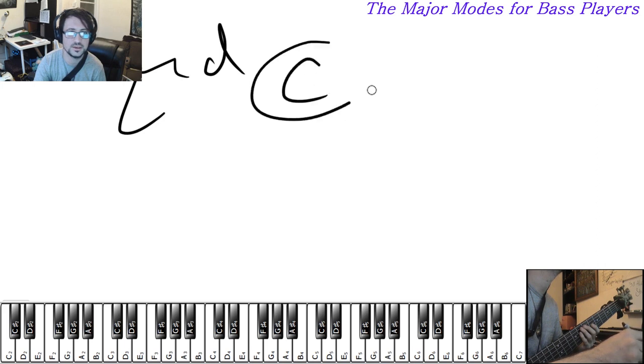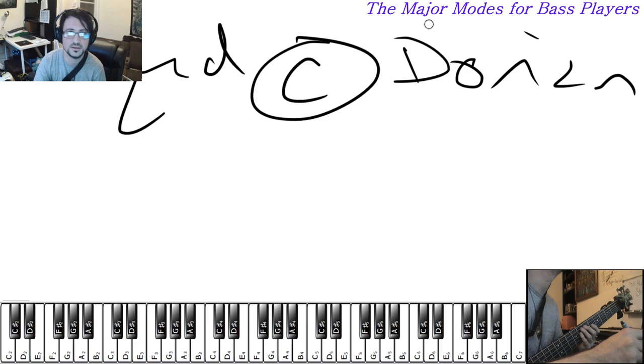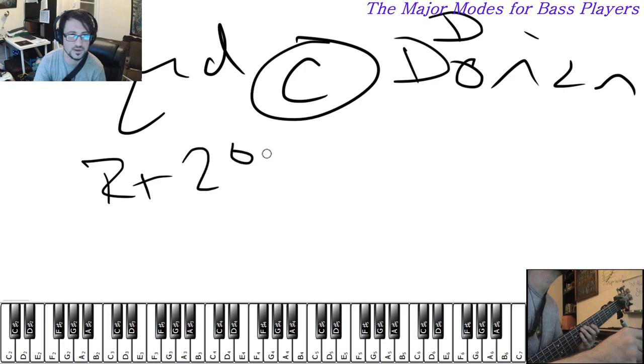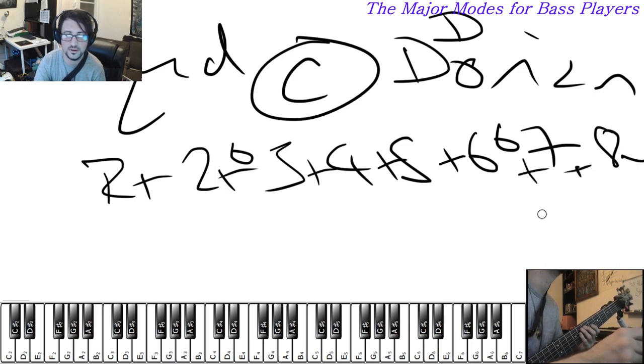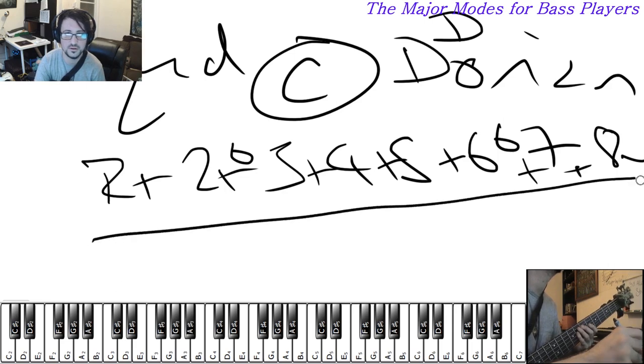of C major. In this case, it's called Dorian, and it would be D Dorian, and the formula is root, 2nd, flat 3rd, 4th, 5th, 6th, flat 7th, and then obviously the octave as well. So that's the formula.